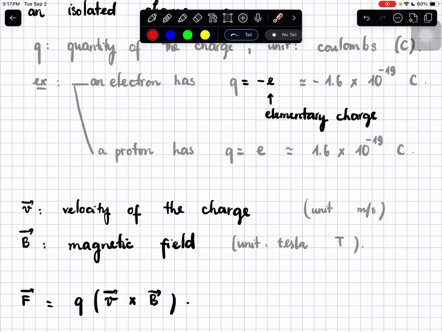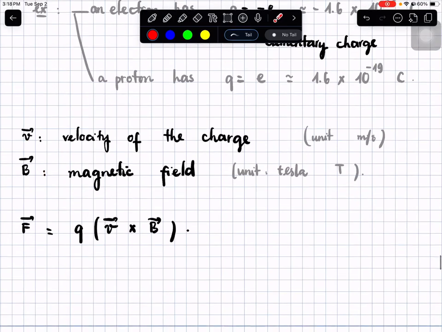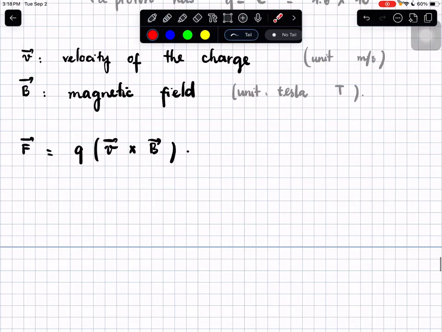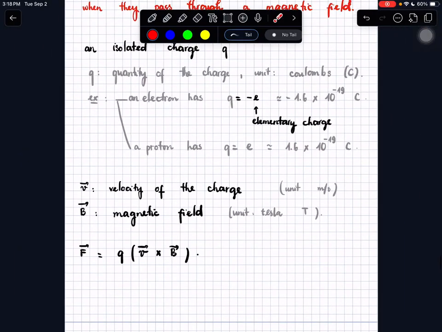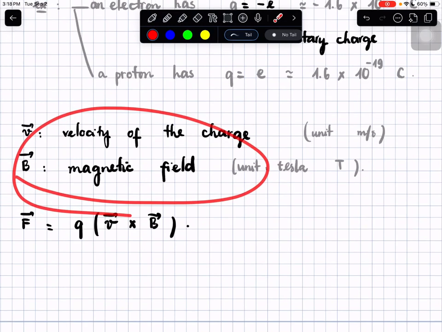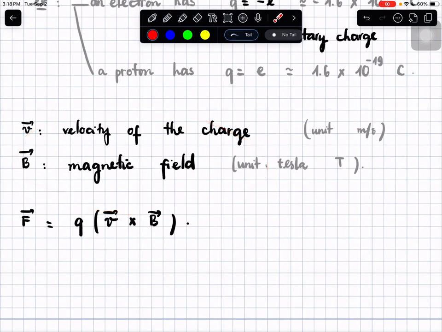We have Q, the charge, and we have V, the velocity of the charge, and vector B denotes the magnetic field. The force that the moving charge experiences when passed through the magnetic field is computed as vector F, the force, equal to Q times the cross product of velocity cross the magnetic field.